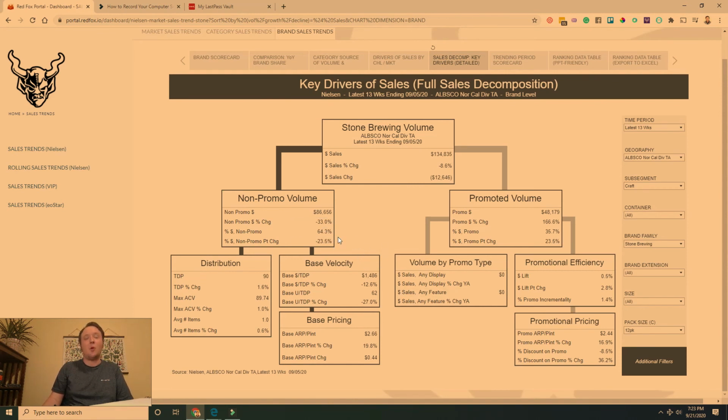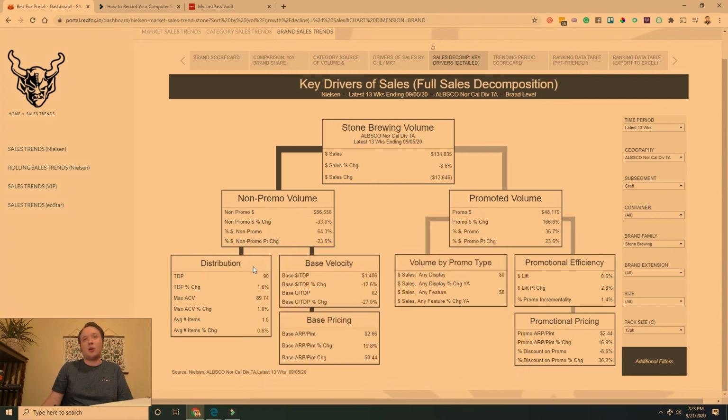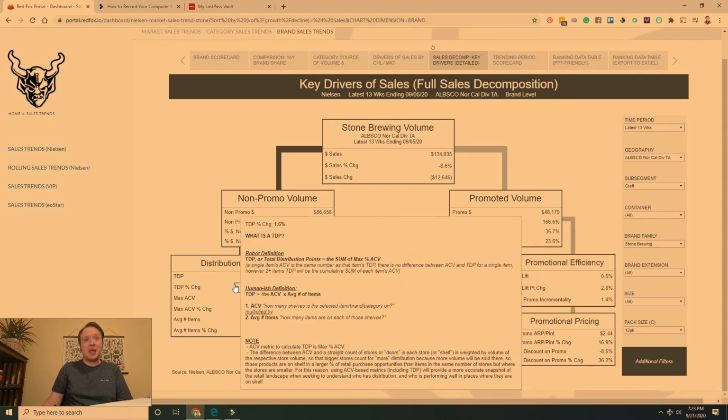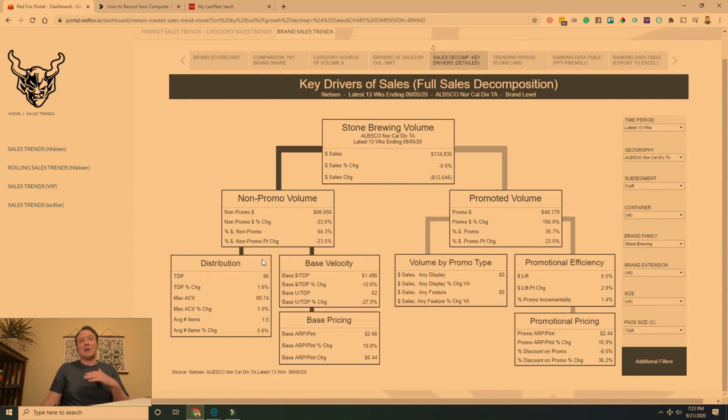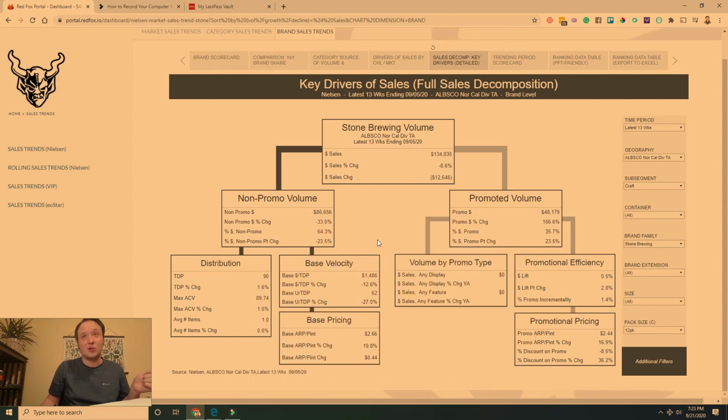Well, let's go to the next leg of the tree. Was it either distribution or was it velocity? And if we mouse over here, we can see that there are some additional definitions just in case you need one. But TDP, or total points of distribution, is a Nielsen measure that effectively says how many stores you're in, and also applies some of the quality of those stores.